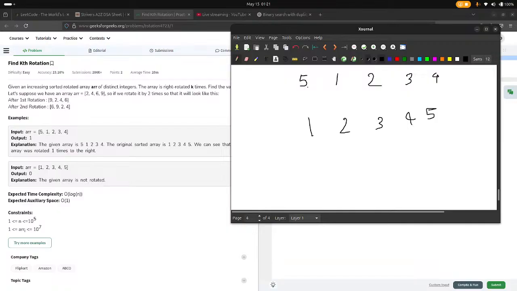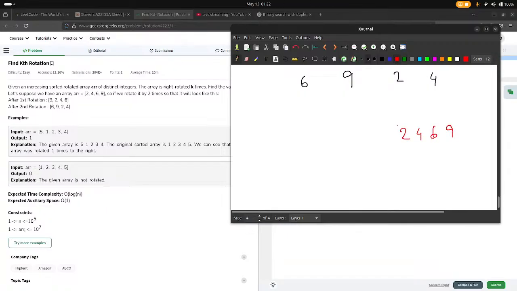So see, for this question there are a couple of things to be remembered. I have to calculate how many times it is rotated. So for this question, like 6, 9, 2, 4, the actual sorted one is 2, 4, 6, 9, right?